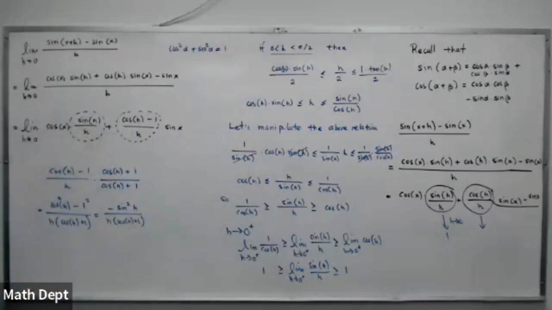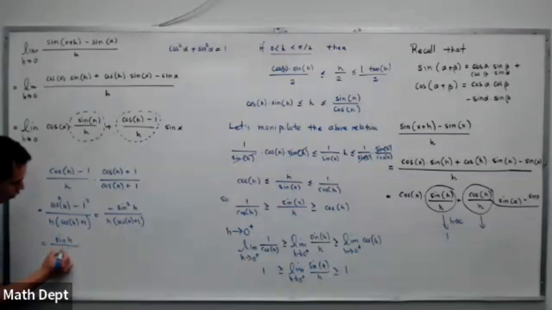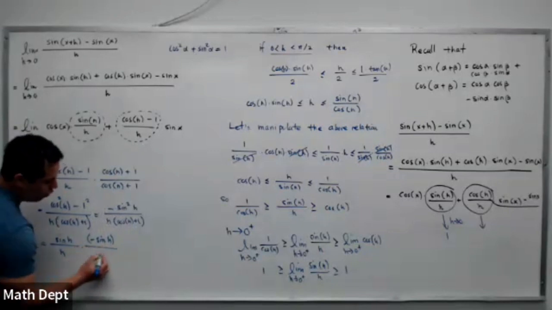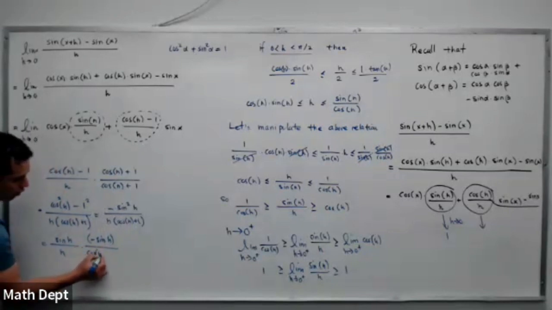Then you say, well, look, I can decompose this square as what it actually is: its factors. So I'm going to multiply them both. I have on one part sine of h over h, times, using properties of fractions, negative sine of h over cosine of h plus 1.